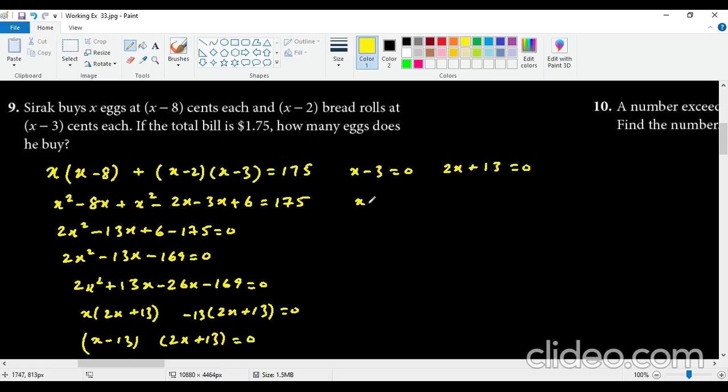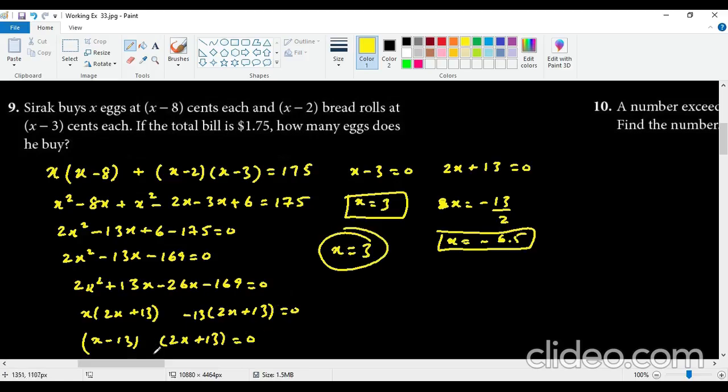So x will be equal to 3, and 2x is equal to negative 13, so x is negative 13 over 2. That means this is not possible. Minus 6.5 is not possible.